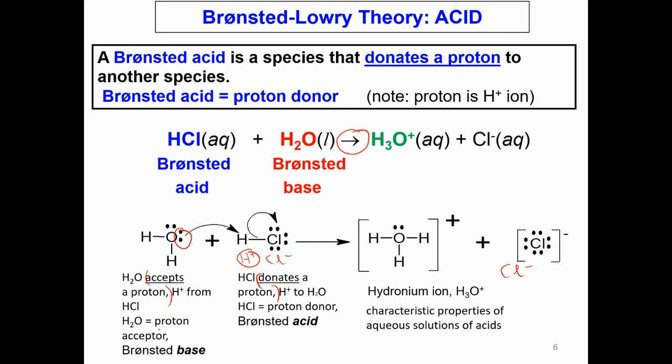A proton acceptor is a Bronsted base; a proton donor is a Bronsted acid. How do we know that it is acidic? Because of the hydronium ion, which is the characteristic property of aqueous solutions of acids.